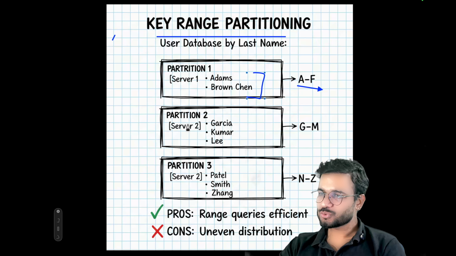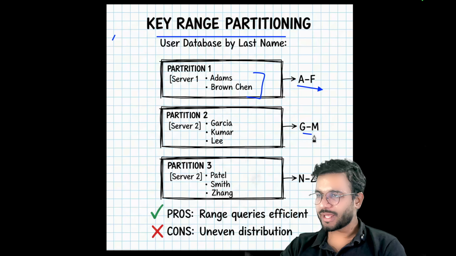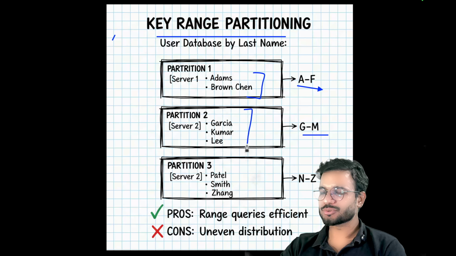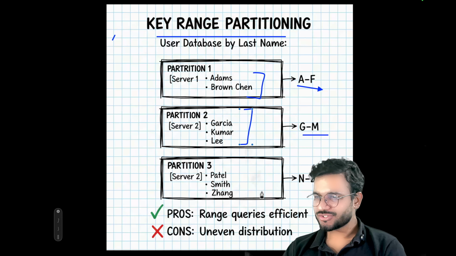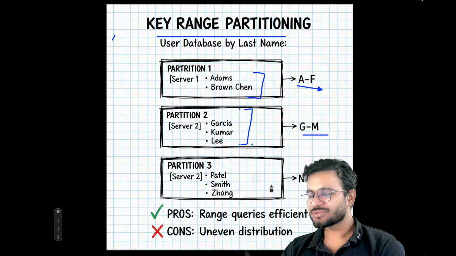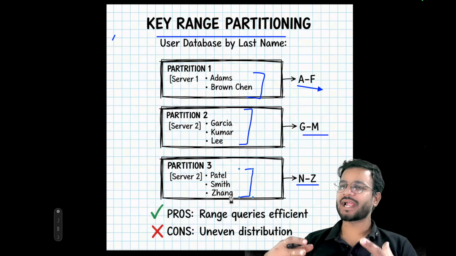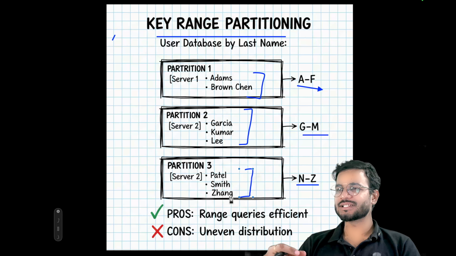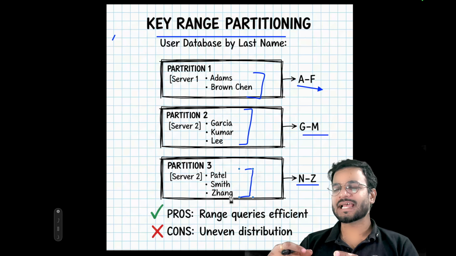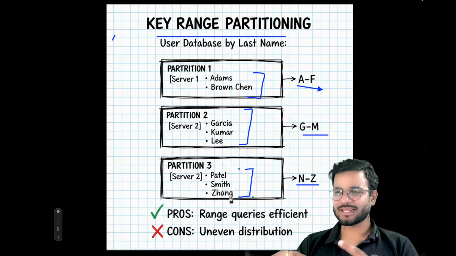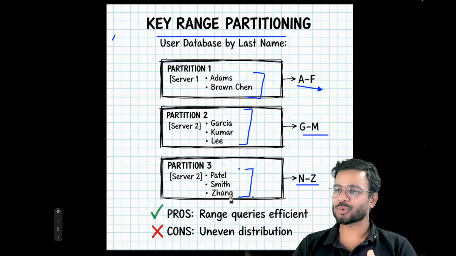Then partition 2 has all the names starting in the range G to M. Similarly, in partition 3, all the names starting between N to Z are stored. This is how we divide the partitions based upon the key, and we design the range such that it becomes easy to search and store data.